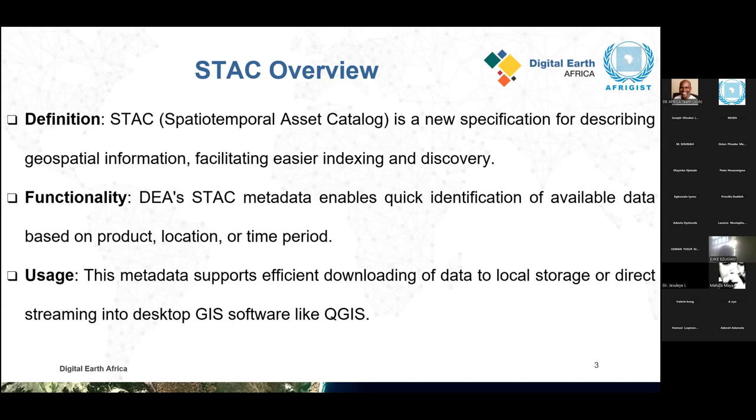The functionality of STAC through the Digital Earth Africa metadata enables quick identification of available data based on product, location, or time period. The usage: these metadata support efficient downloading of data to local storage or direct streaming into desktop GIS software like QGIS.